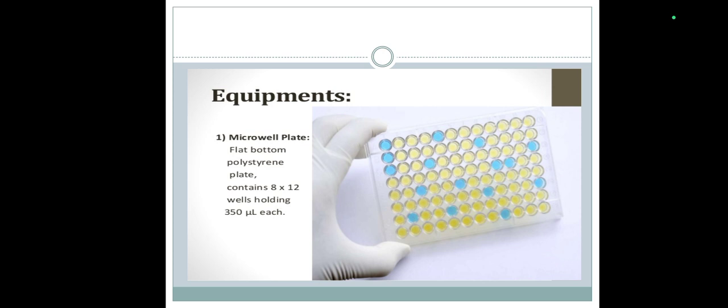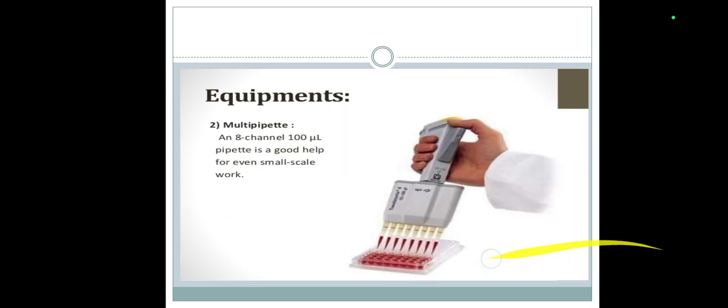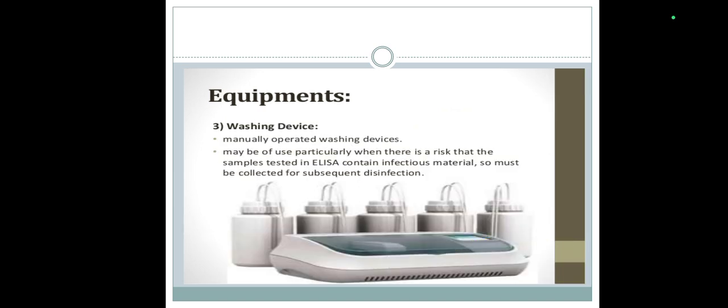Here are the equipment used in the ELISA test. Microwell plate. It is a flat-bottom polystyrene plate containing 8 to 12 wells holding 350 microliters each. Multi-pipette, an 8-channel 100 microliter pipette, is a good help even for small-scale work. Washing device.